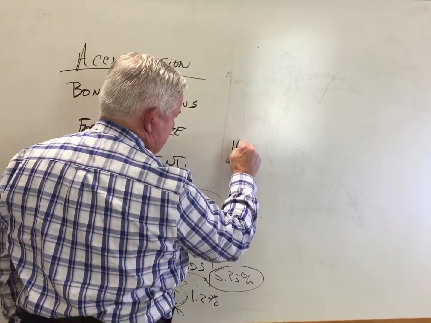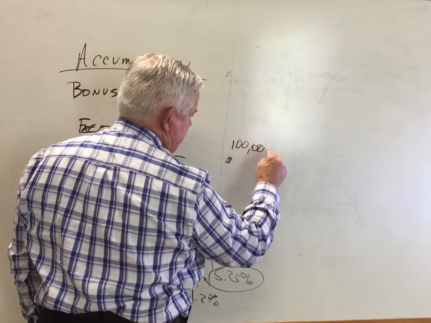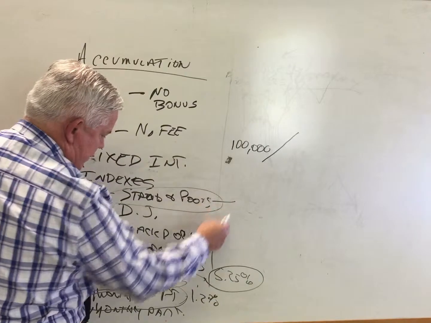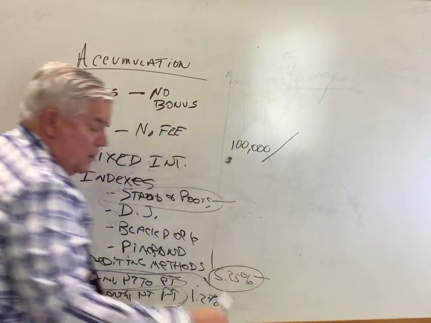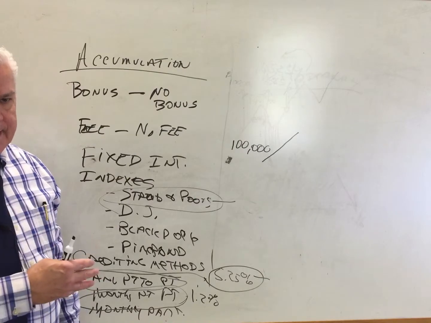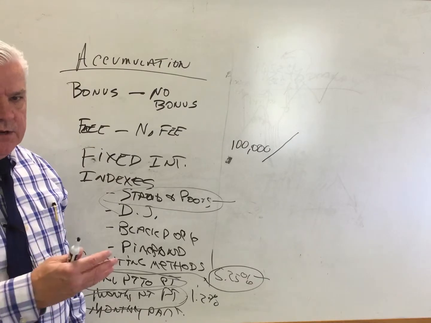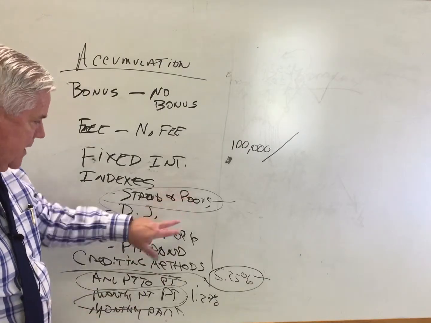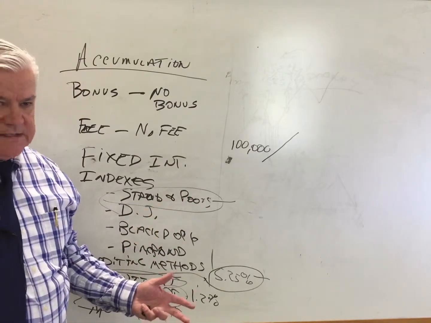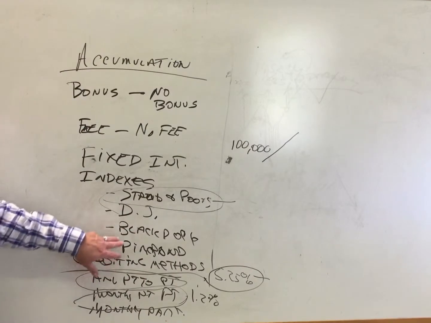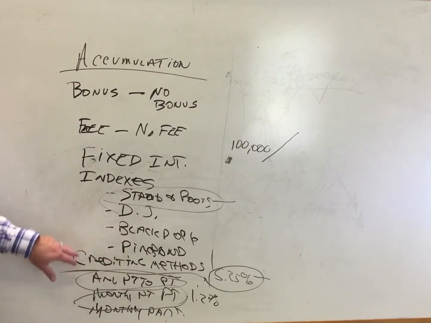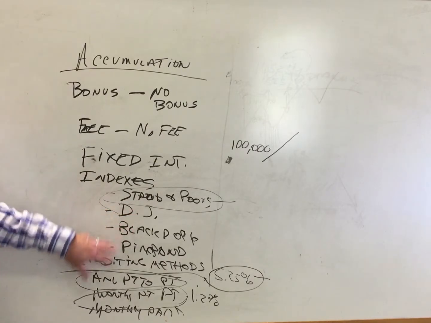But say you put the $100,000 in here, the market goes up, and you're doing the Standard & Poor's annual point-to-point, which by the way is the safest return that you can get. If you want to be safe and get a good return, I always put it in the annual point-to-point Standard & Poor's index. I don't get into these BlackRock 2-year indexes or the PIMCO bond index or the Dow Jones or these other ones.